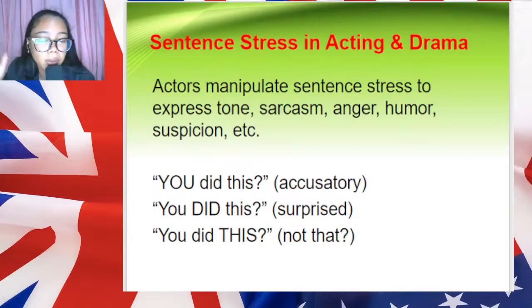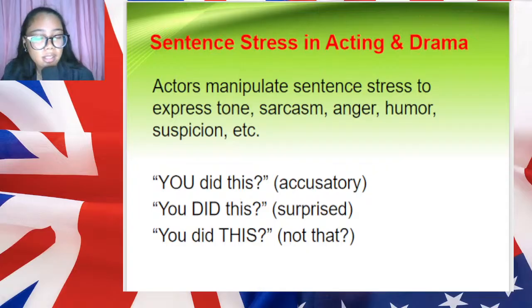Now, how we can interpret this is by saying, out of all the choices, this is what you did. You did this, something like that. Okay, the emotional weight lands on the action's outcome. It is absurdity, it is unexpectedness, it is wrongness.